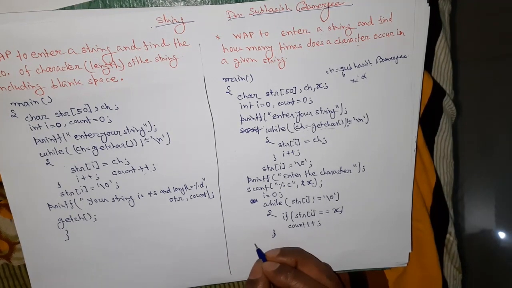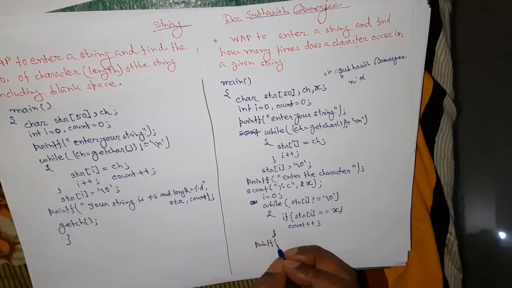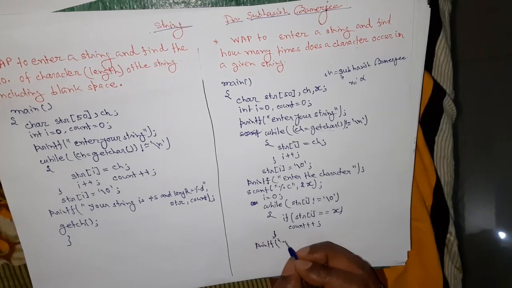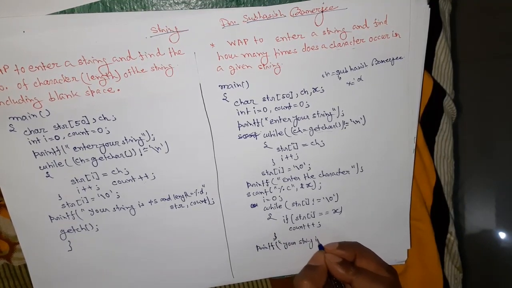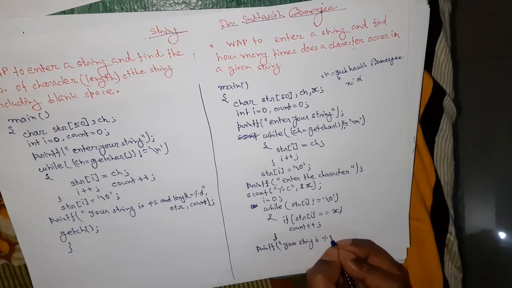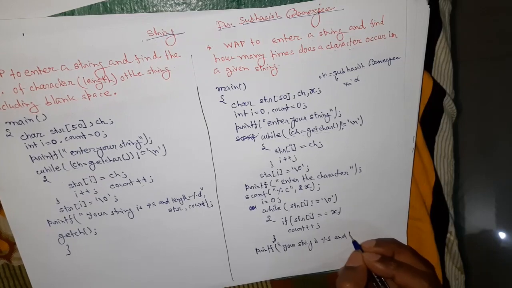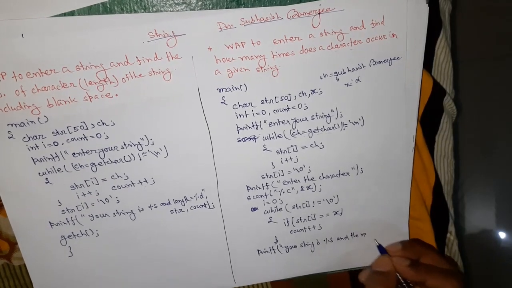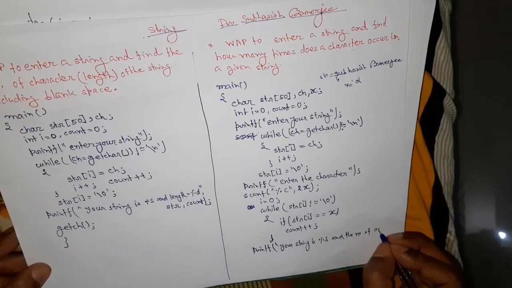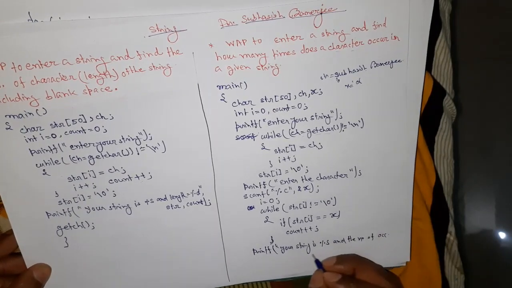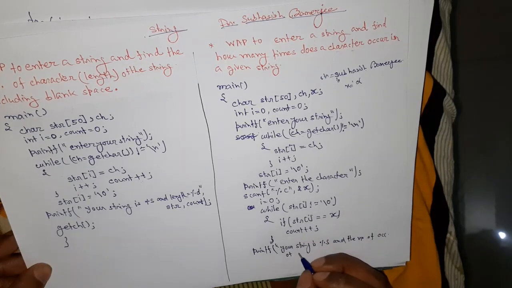Simply display the message with printf: your string is, you may display your string by %s, and the number of occurrence of which character, that x.